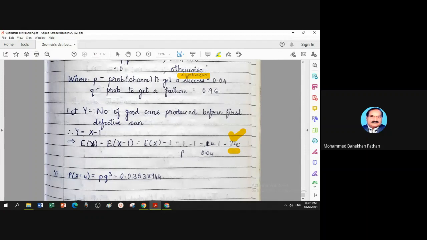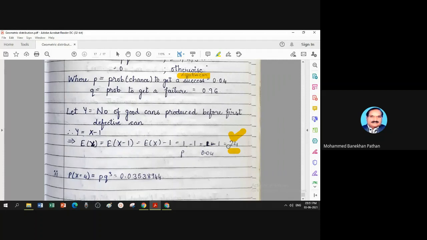And after 24, there is a possibility of a defective can. But on average, the first 24 cans are always good. And that is a clue. You can leave the process running independently up to 24 cans.